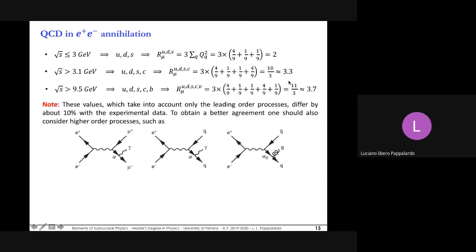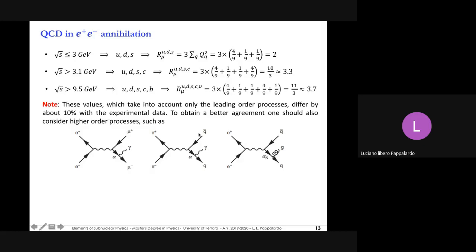However, this is not a very precise guess, because one has also to consider higher order processes that can contribute. And in particular, at first order, the higher order processes are those three here. We have one already from the electromagnetic process e+ e- into mu+ mu-, where a photon is radiated by one of the two muons.